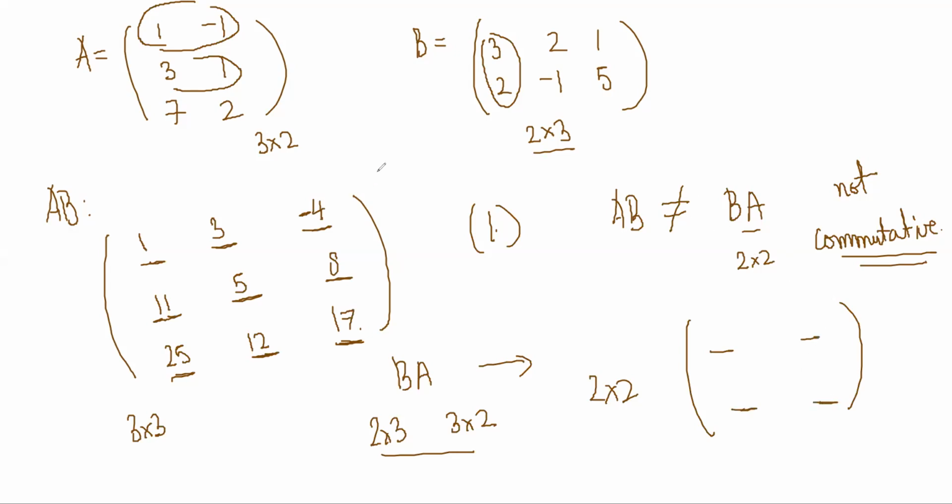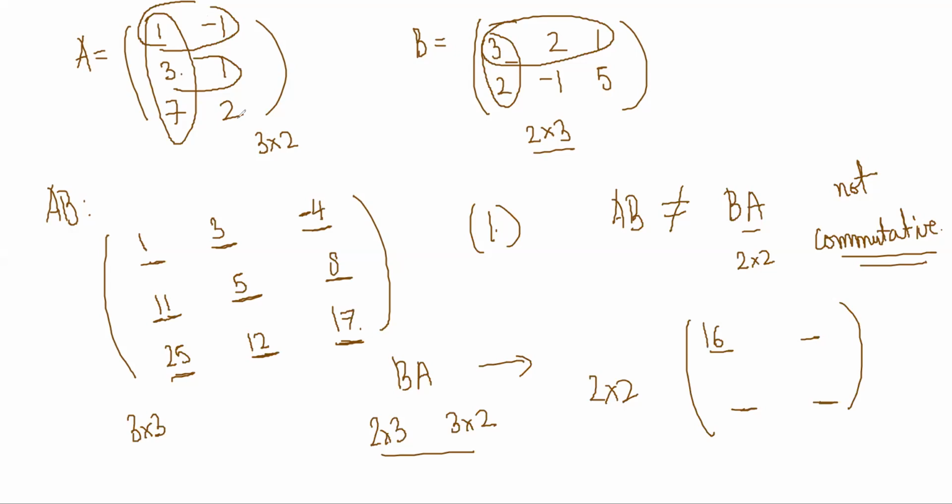So for the 2 cross 2 matrix, you take the first row of B and the first column of A, this and this dot product. So 3 plus 6 plus 7, that is 16.